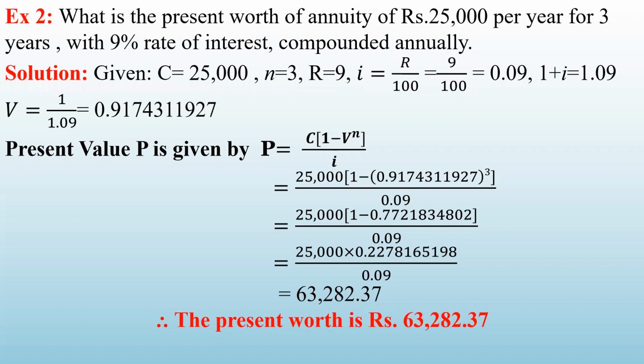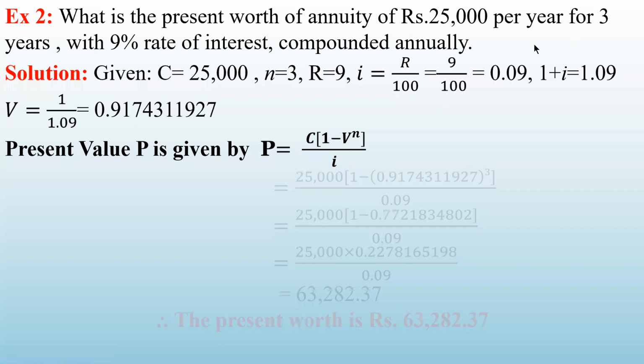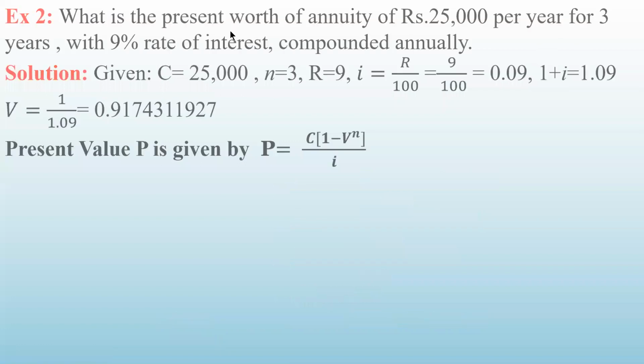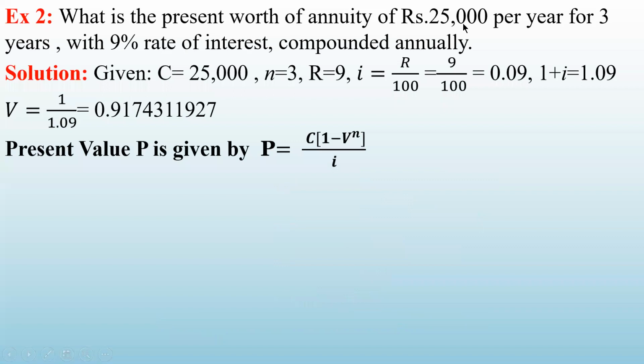Let us see the next problem. Example exercise number 2. What is the present worth of an annuity of rupees 25,000 per year for 3 years with 9% rate of interest compounded annually? Here again you have to find the present worth.